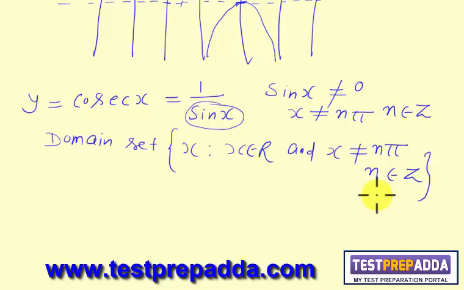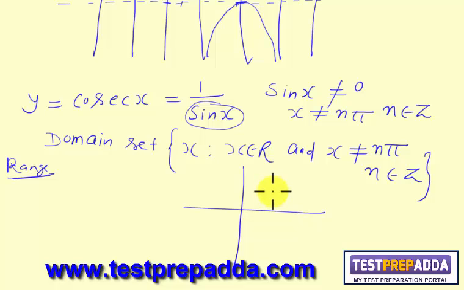Now, when I talk about the range, before this, I'll tell you the variation in different quadrants. For cosec x, in the first quadrant, it decreases from infinity to 1.